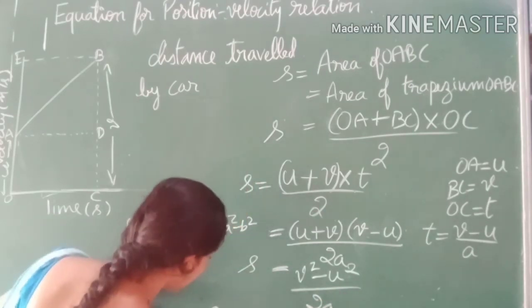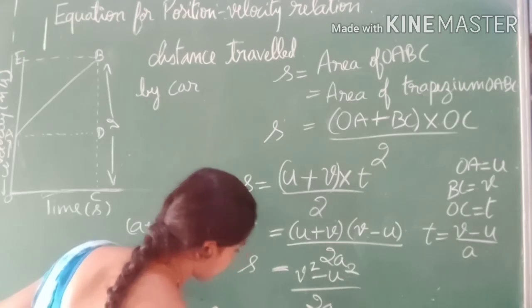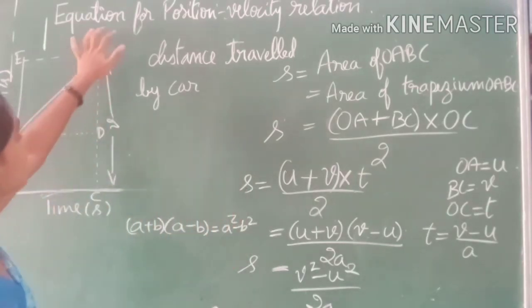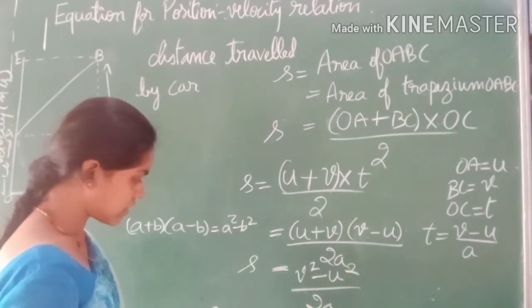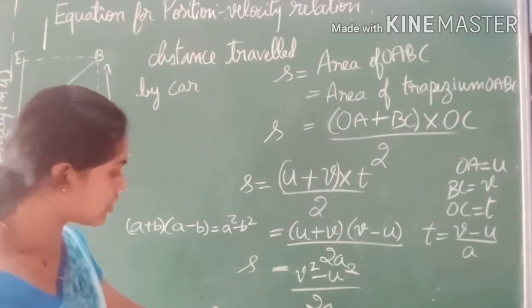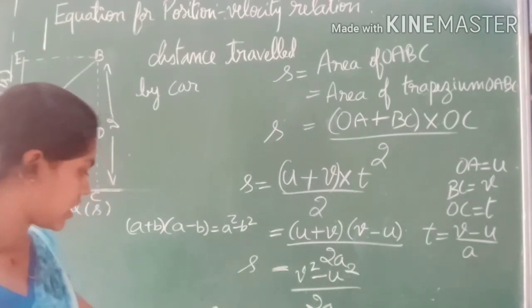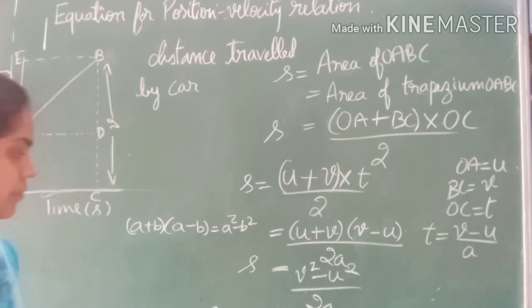So 2AS is equal to V square minus U square. We got the equation for position velocity relation. S is the distance, V is the velocity, A is the acceleration.